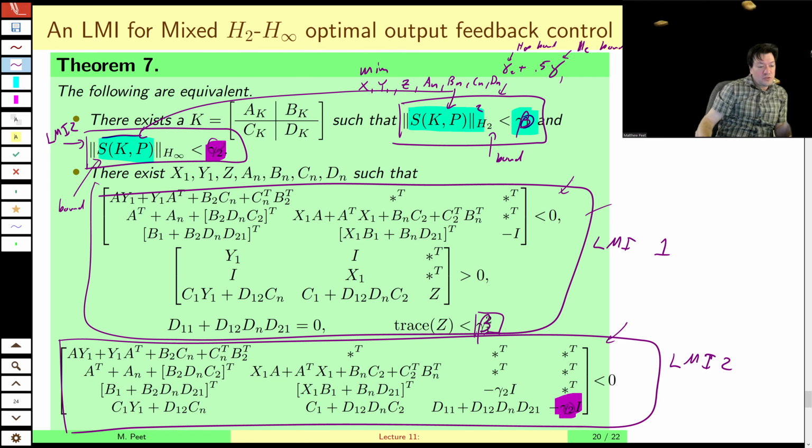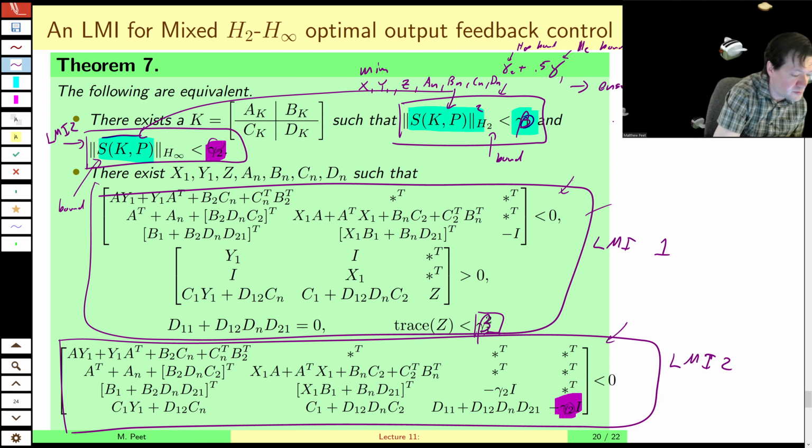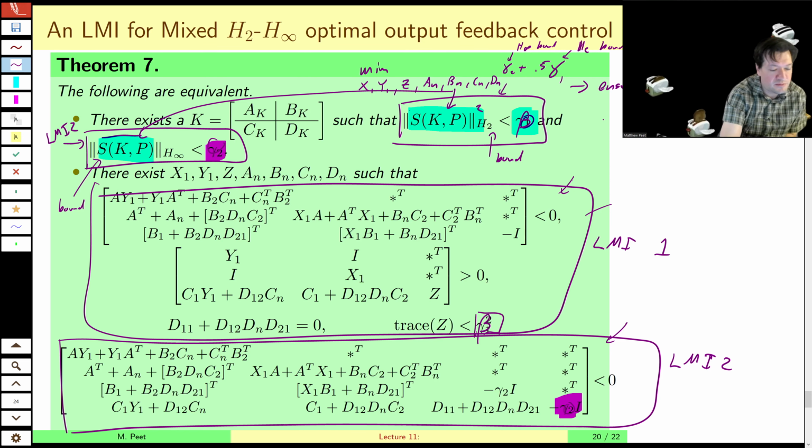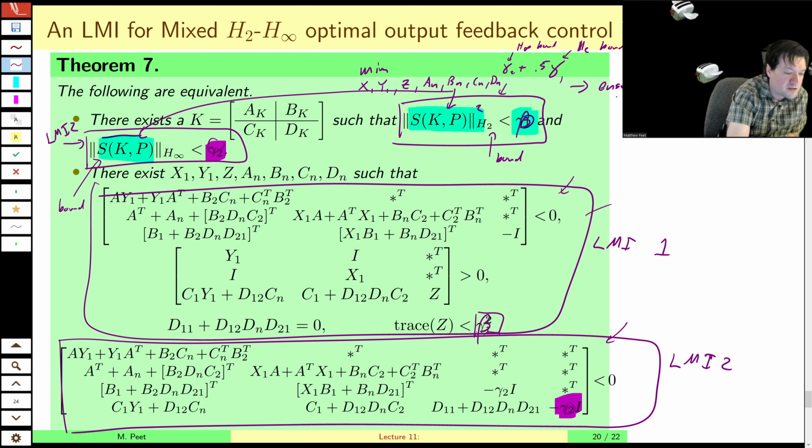In the end, of course, that guarantees you that the H infinity norm will be less than gamma 2, and the H2 norm will be less than gamma 1. Well, actually, the square of the H2 norm is less than gamma 1. If you could solve this, so let's actually do beta here.